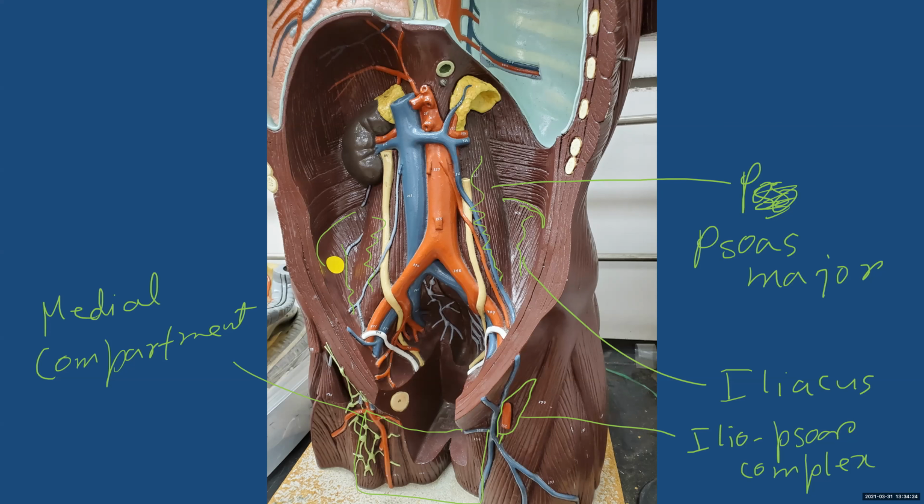Okay, so here we are going to talk about the medial compartment and the anterior compartment. So, psoas major, iliacus, iliopsoas complex, and inferior to the iliopsoas complex, here, this is known as pectineus.